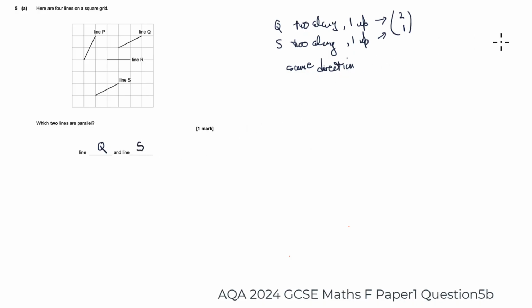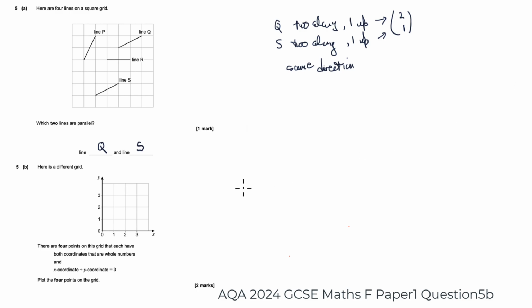Now let's have a look at part B. And here's another diagram. This time we've got numbers on an x-axis and a y-axis. And we're told that there's 4 points on this grid and that both coordinates are whole numbers.